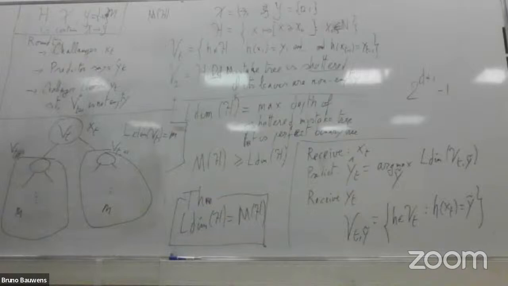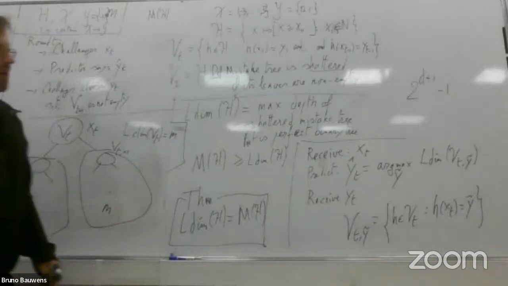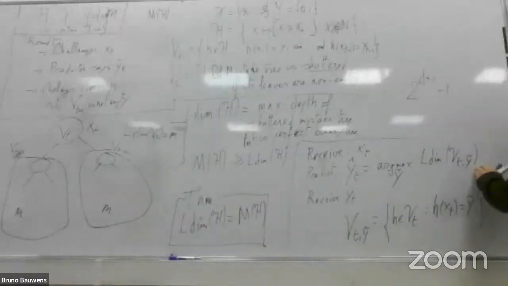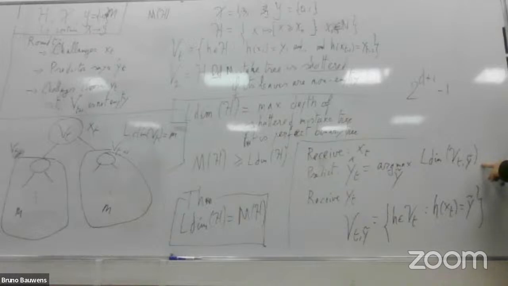Okay, so let me repeat this. We understand that one of these version spaces has Littlestone dimension strictly less than the Littlestone dimension of the version space at the beginning of the round.